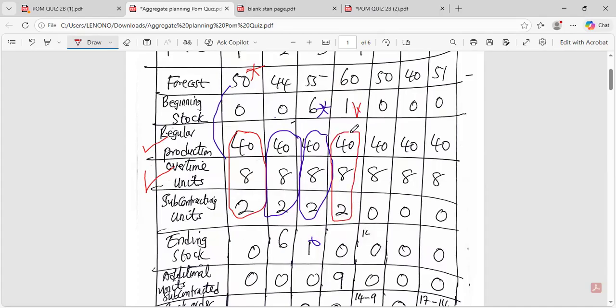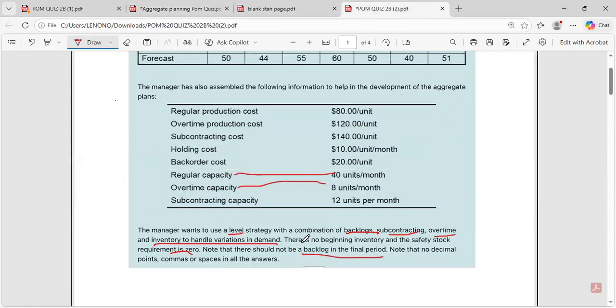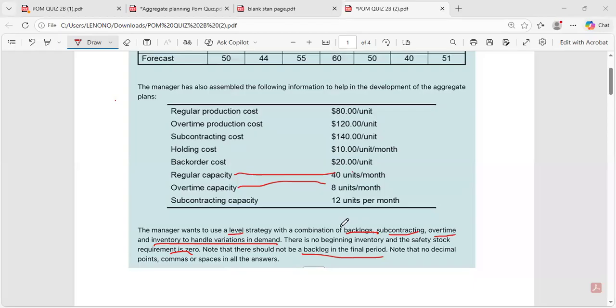the maximum capacity for overtime. Okay, so this is what is happening here.